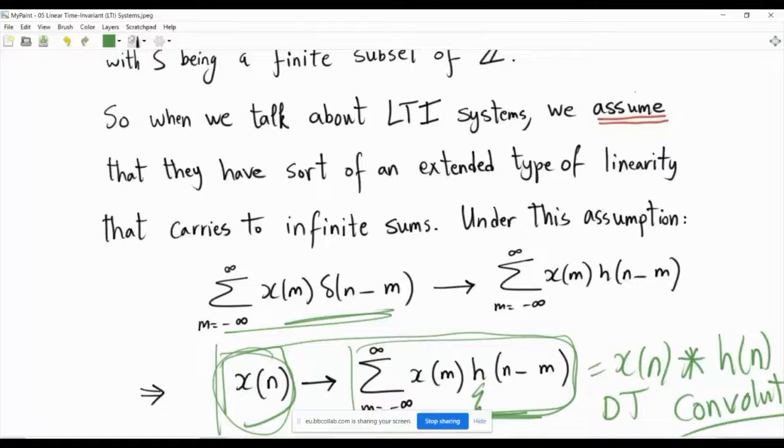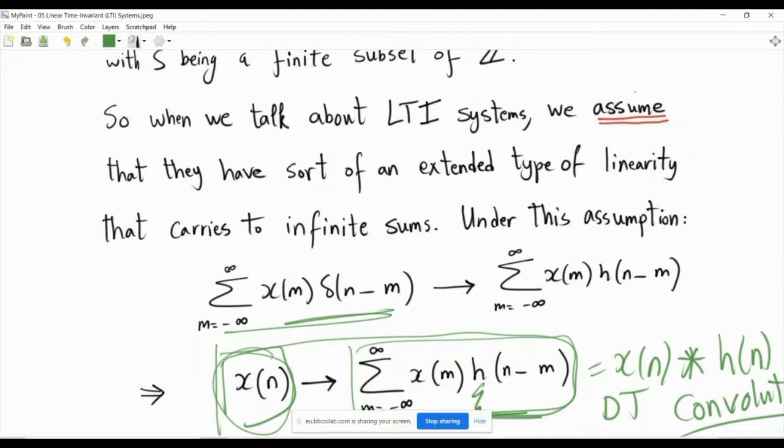You can find examples of these in books on functional analysis and similar. These systems are not relevant to this course. So to us, if you see the word LTI, it automatically means LTI with extended linearity, meaning systems that can be fully characterized by an impulse response.